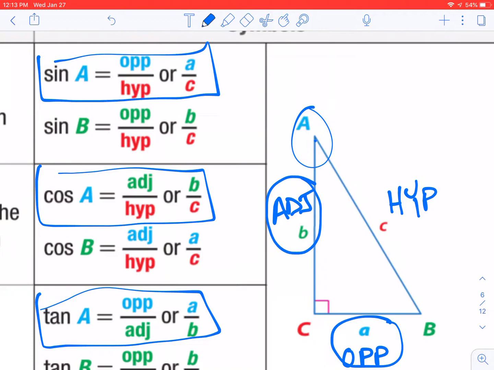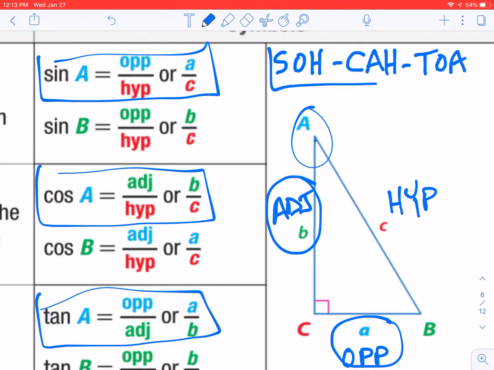So to summarize that, sine is opposite over hypotenuse. And this is what you're going to write in your notes. Cosine is adjacent over hypotenuse. And tangent is opposite over adjacent. And we call that SOHCAHTOA.